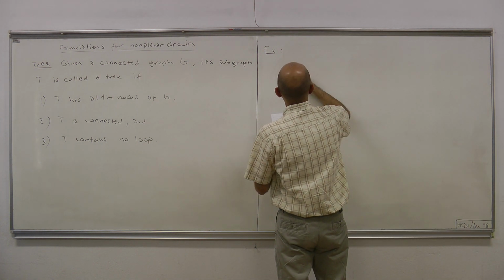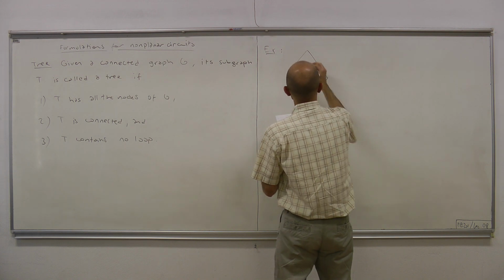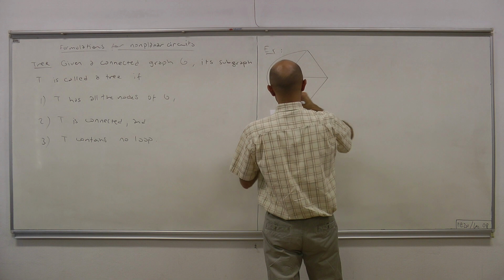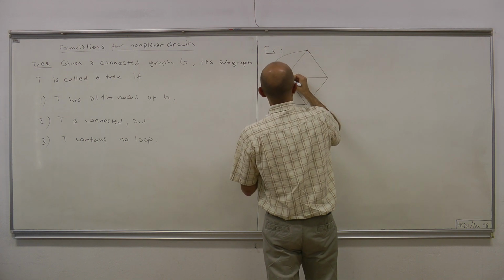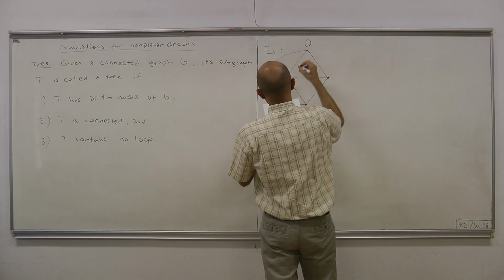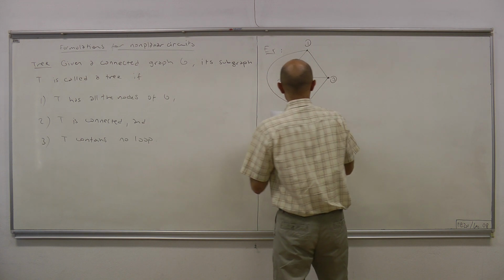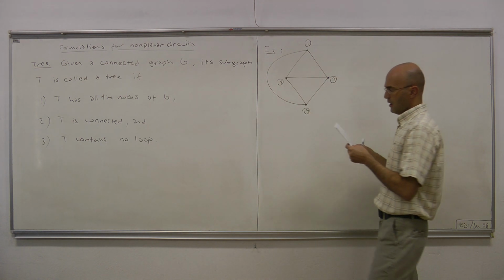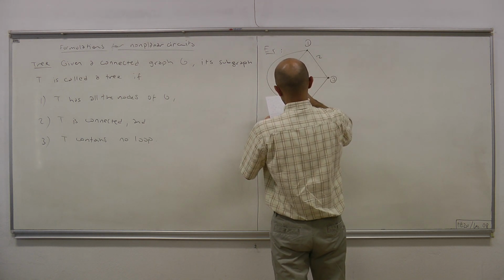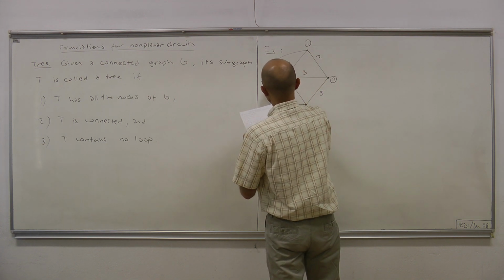Consider this graph. One, two, three, four. They are the nodes, and these are the branches. 1, 2, 3, 4, 5, 6.